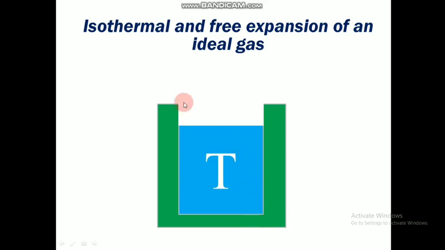First, the isothermal process. In an isothermal process, we keep our temperature constant, so the initial temperature and final temperature are the same. It does not mean that there is no heat exchange. It can exchange heat with the surroundings.